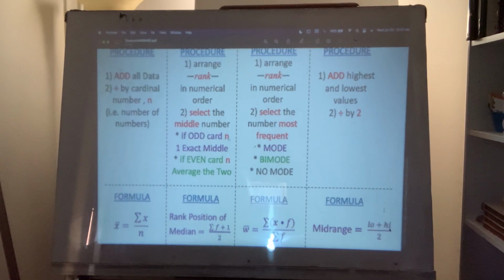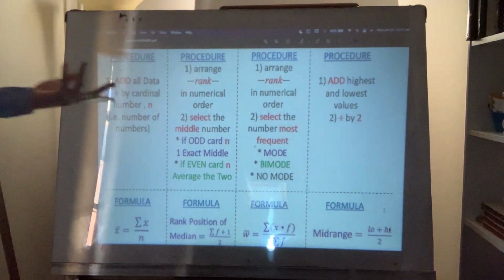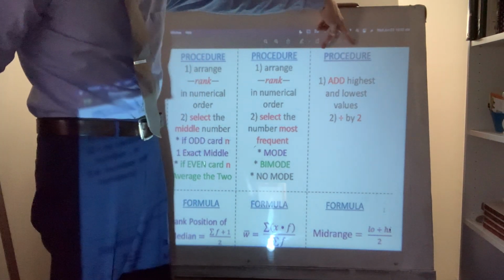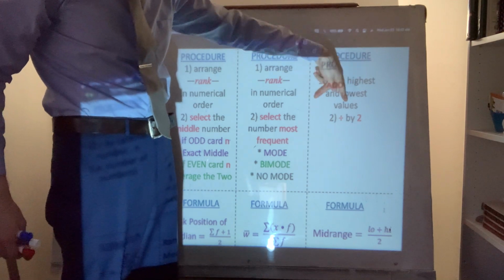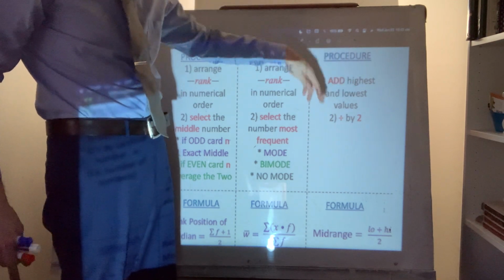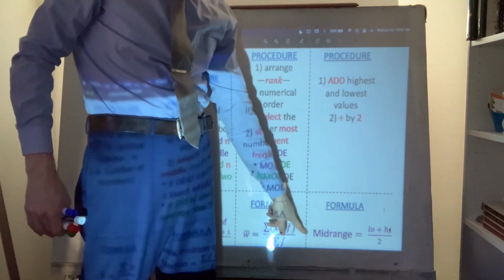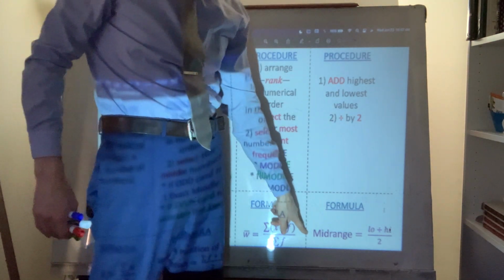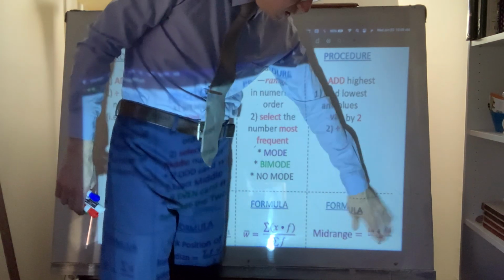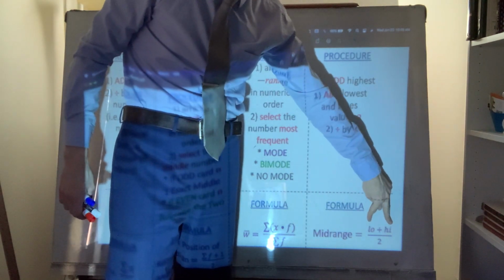The last thing is this. The mid-range is to simply add the highest and the lowest values. You must put them in order to determine that, and then divide by 2. This is a very quick way to calculate a sort of average by just taking the extrema into consideration.